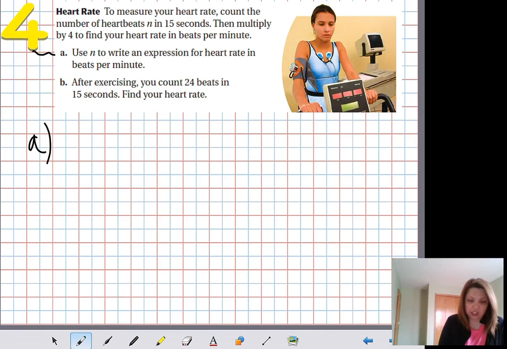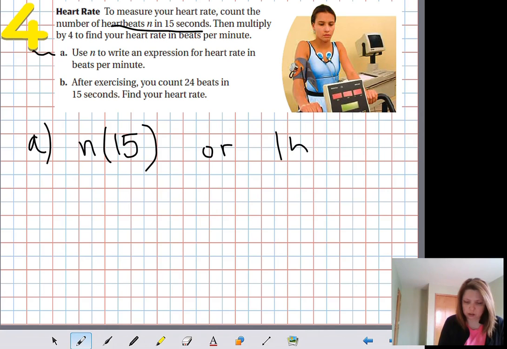So it will be n heartbeats, and then you can put times 15 like this for 15 seconds, or this could be written as 15n. So that will be the first expression.